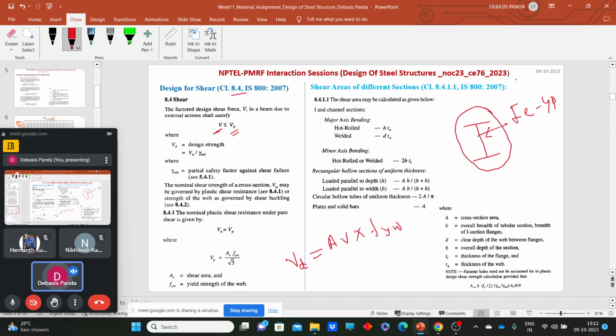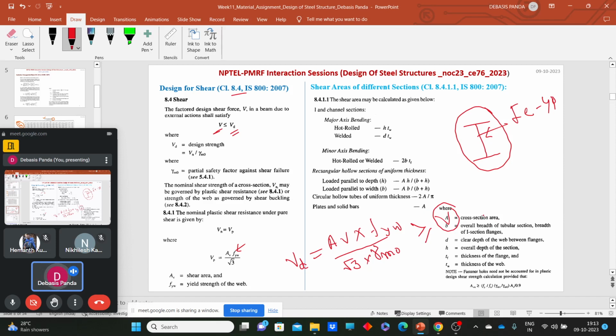But if this is not the case, and different kinds of plates and steel are used, then we need to consider specifically FYW, the yield strength of the web, divided by root 3 into gamma m0, and this value should be greater than or equal to the factored shear force which is induced on the beam due to transverse loading.